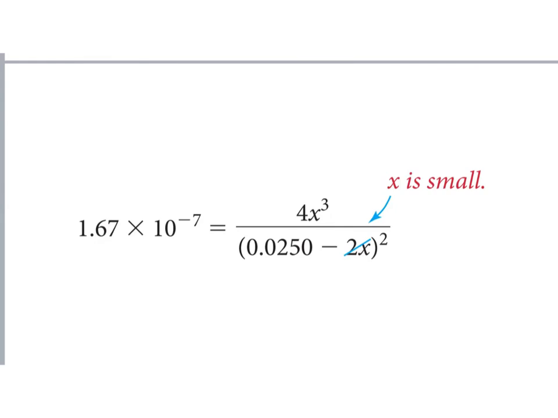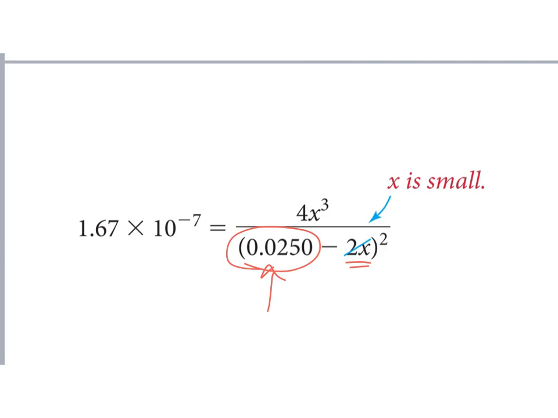And in the end, what we would get is an x that's extremely small. So this number, 0.0250, is very big compared to what x is going to be. X, in this case, is going to be so small that it's going to have absolutely no mathematical effect on this number, 0.0250. We can go through and do this calculation to completion, and I can prove to you that x is going to be very small.